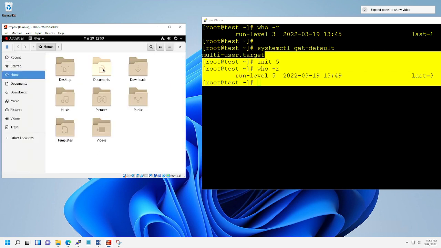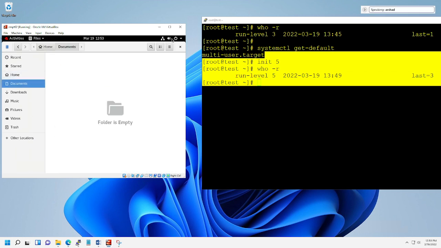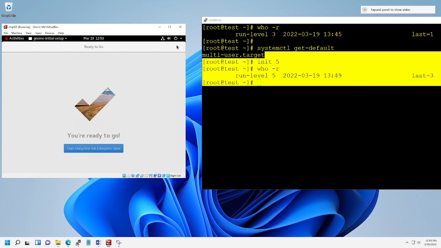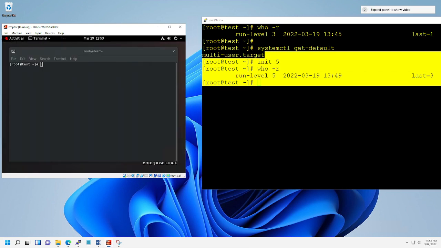And then documents and all that here. I would guarantee almost 99.99% you will never go into GUI mode. It's just there for some reason. I don't know why they have all that in there, but it's there.